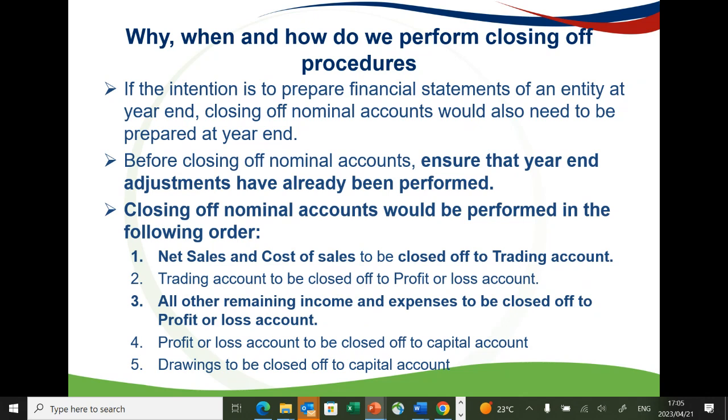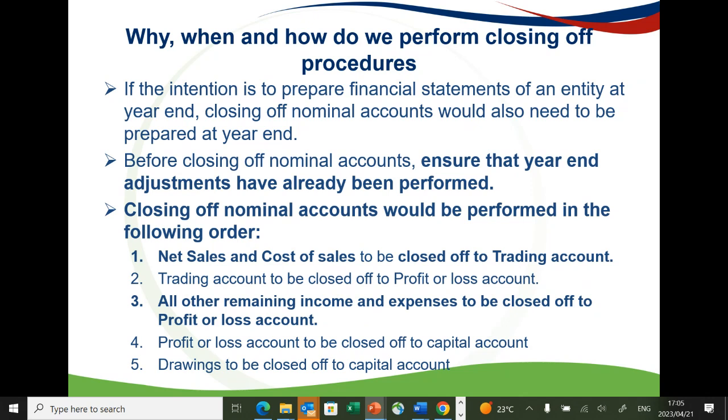So this is the order of closing off the nominal accounts. I will say again, nominal accounts are temporary accounts, referring to our income and expenses accounts, because they only exist for that particular financial period of 12 months. So these are the ones that need to be zeroed out at the end of the year. This is the order that we do our closing off procedures.